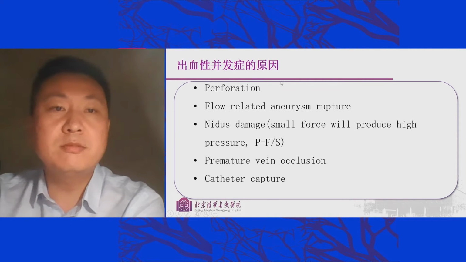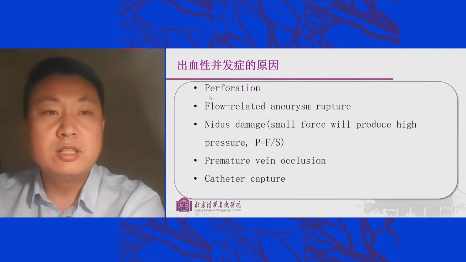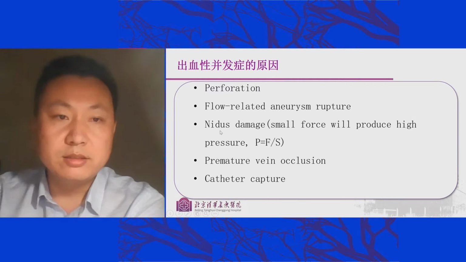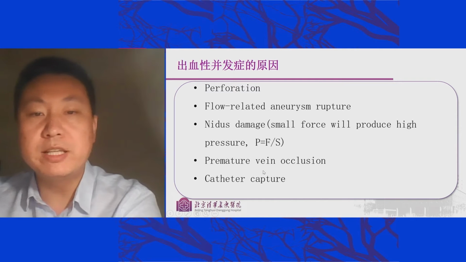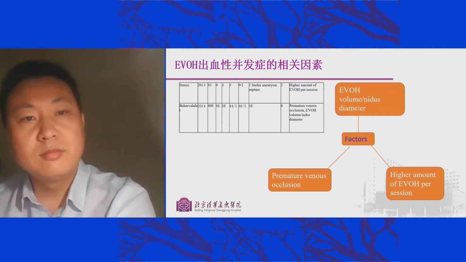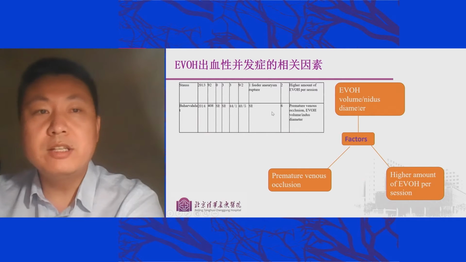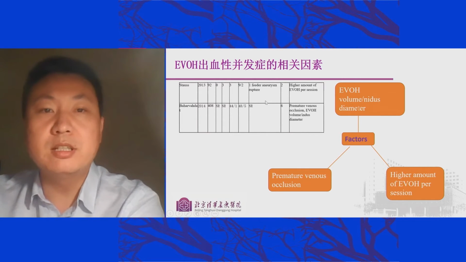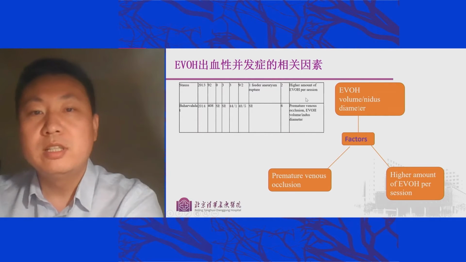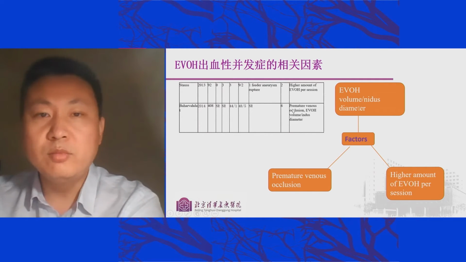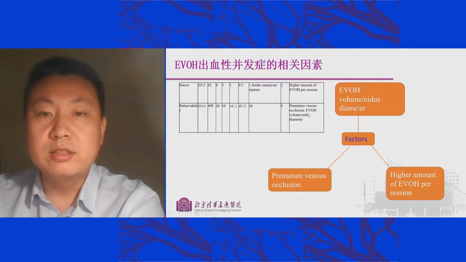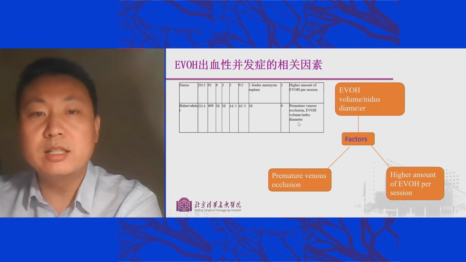Bleeding complications caused by AVM embolization are vessel perforation, aneurysm rupture, nidus damage, premature vein occlusion, and catheter capture. In two studies, the bleeding risk associated with Onyx embolization was a higher amount of Onyx reflux, premature venous occlusion, and Onyx volume, the proportion of Onyx volume to nidus diameter.